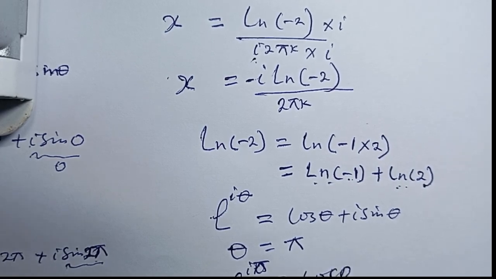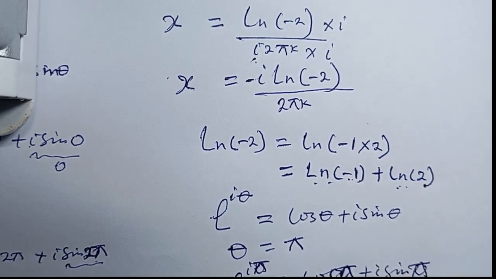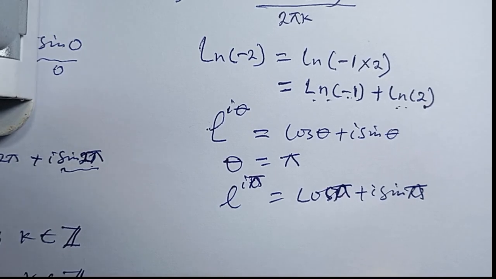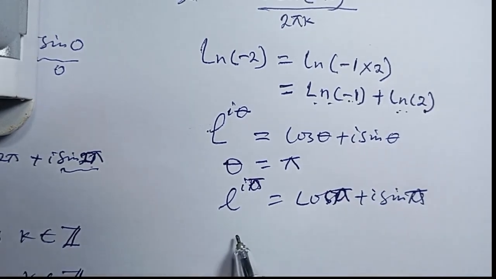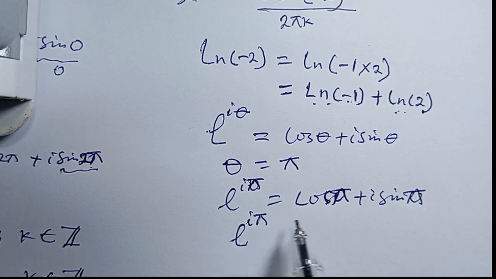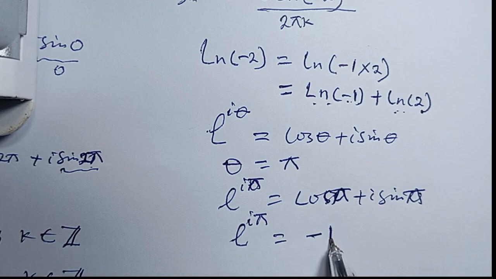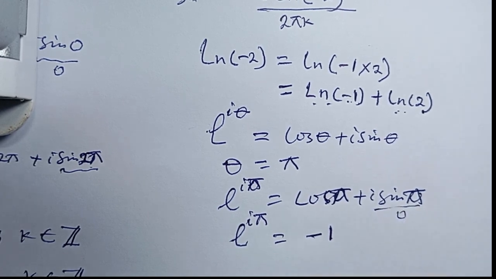So we have cos pi plus i sine pi, so e to the i pi will be equal to minus 1, and this sine part is equal to 0.